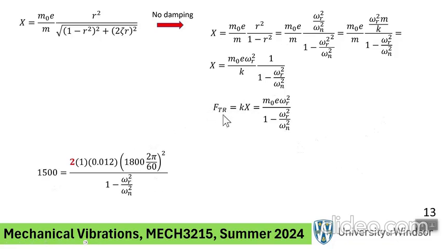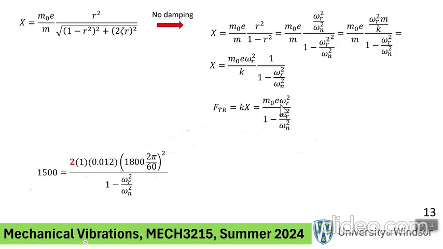You're told that this transmitted force, maximum transmitted force, must be 1500 Newton. M naught, there are 2 masses of 1 kilogram involved, so 2 times 1 kilogram. There is eccentricity, which is 12 millimeter, 0.012.